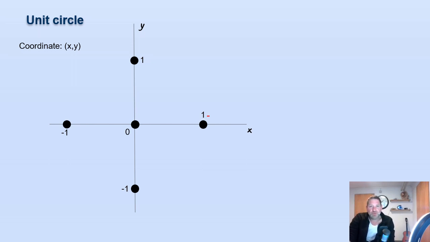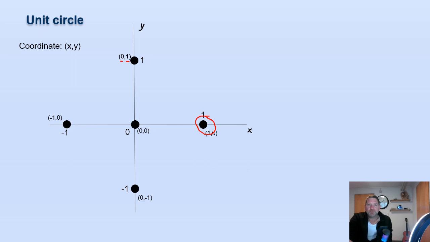If you have this point right here, this is one step in the x direction, but 0 steps in the y direction. So if you want to give this point a coordinate, it would look like this. (1, 0). Similarly, for the +1 in the y direction, it has 0 steps in the x direction and 1 step in the y direction, right? So I think it should be obvious now for the other points here as well.